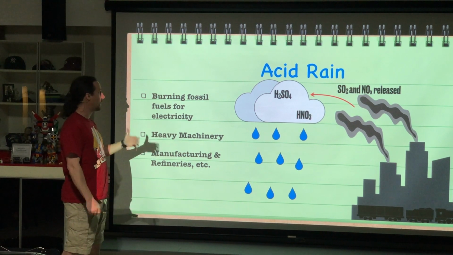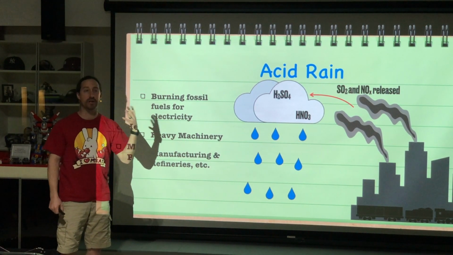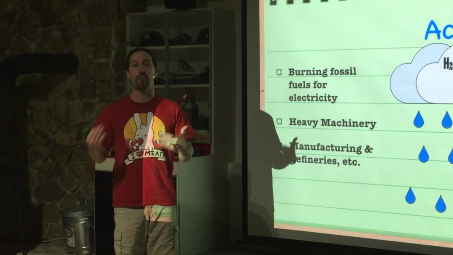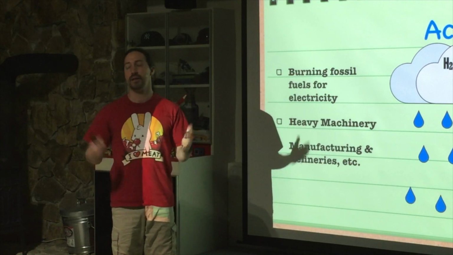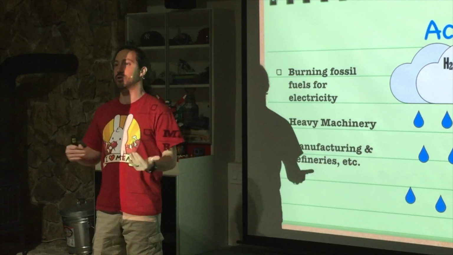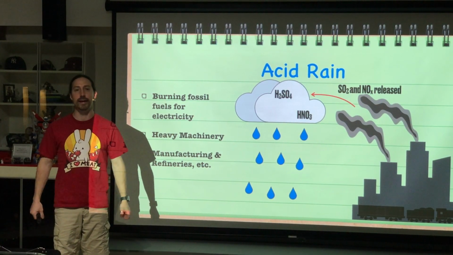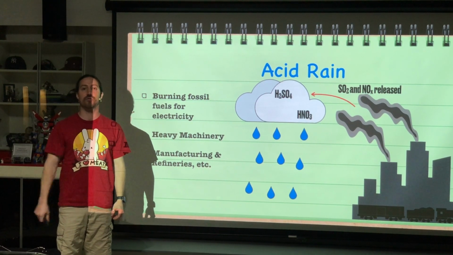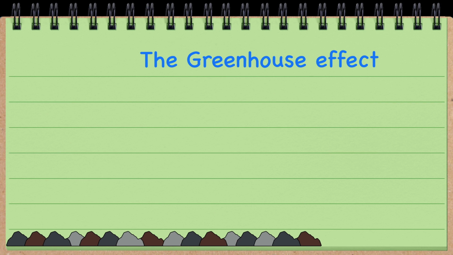So acid rain is produced when we burn or combust fossil fuels. We end up releasing these substances, which when mixed with water and other gases, produce acids, specifically sulfuric and nitric acid, which cause the pH of the rain to be much lower. That is acid rain. Very simple idea.